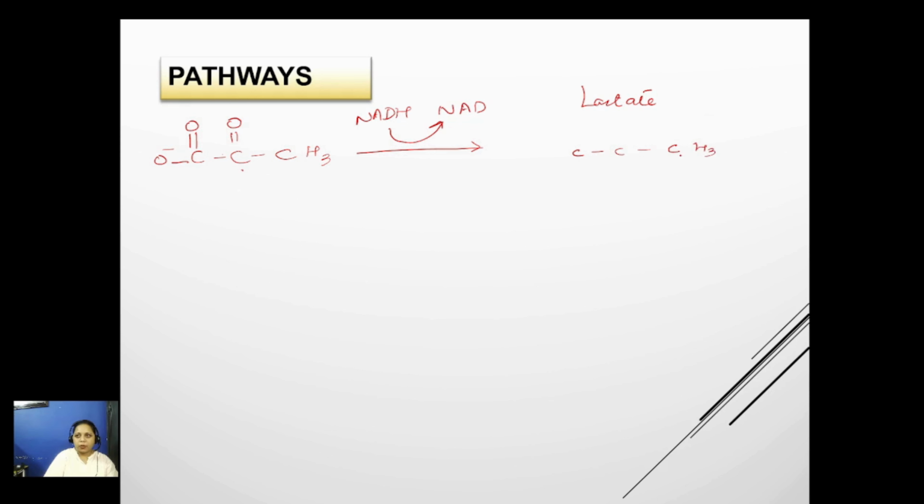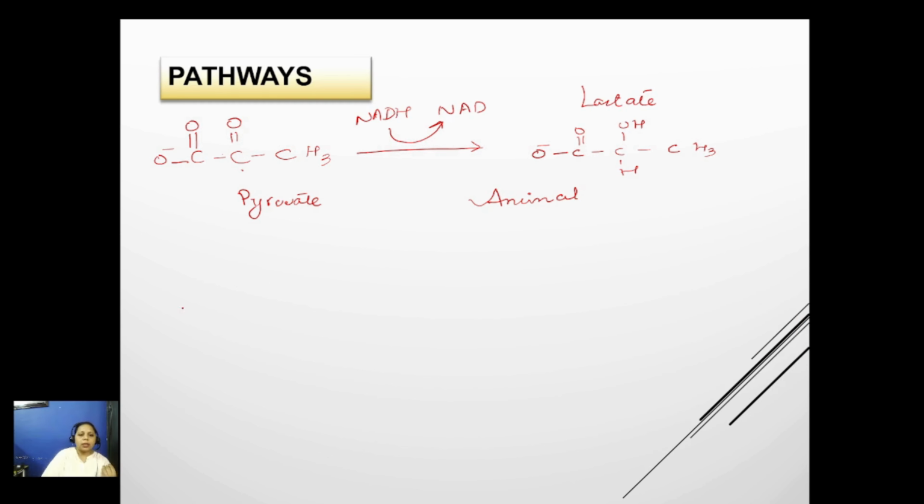Again, here CH3 is present. This is not going to change. It's O and it's O negative. While this one gains the hydrogen, so it becomes OH and H. So there is a little change. There is addition of hydrogen over here, and the pyruvate is converted into lactate. And this happens in animals, mostly in the muscle cells, which are respiring anaerobically during exercise.